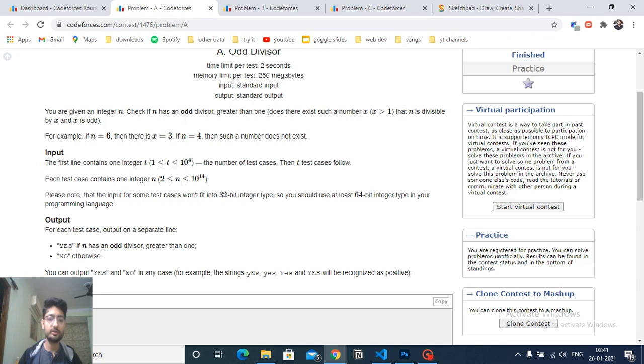But one thing you can observe is, if you want some number to have an odd divisor, how can an odd divisor occur for any number? Any divisor of a number can be made up of prime numbers, and every prime number is odd except one, which is 2.